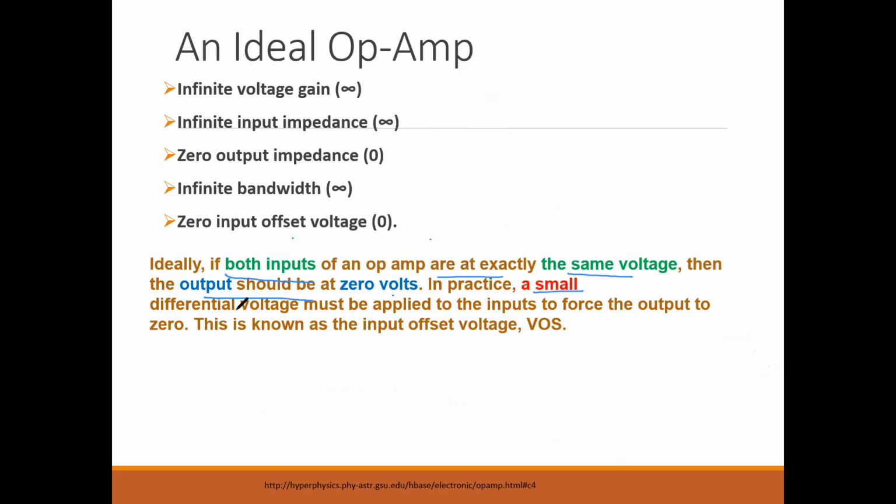But in practice, a small voltage must be applied to the inputs to force the output to 0. This is called input offset voltage, right? And the arrangement is that one. We have to connect one potentiometer between pin number 1 and 5.